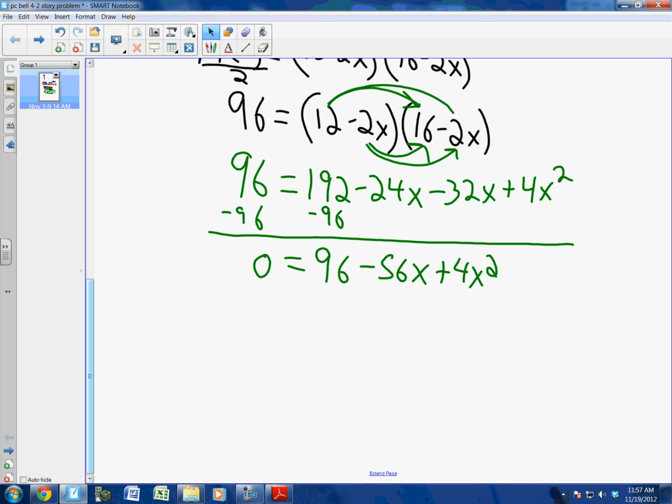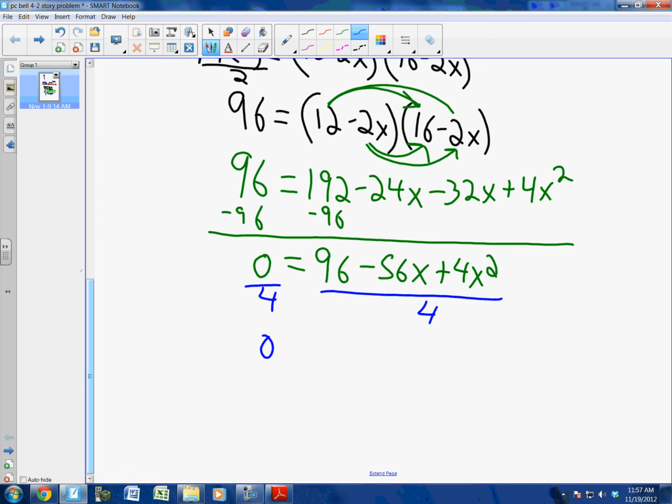You know what? I just noticed something. All 3 of those terms are divisible by a certain number. By 4, actually, right? 4 will go into all 3 of those. So we can divide both sides of this equation by 4.